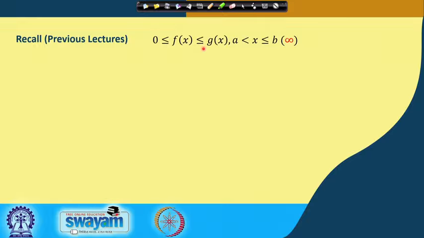So, for example, here we have the functions f and g which satisfy this inequality that f(x) is non-negative, for all the values of f at any point x between a to b, or a to infinity in the case of improper integral of type 1.